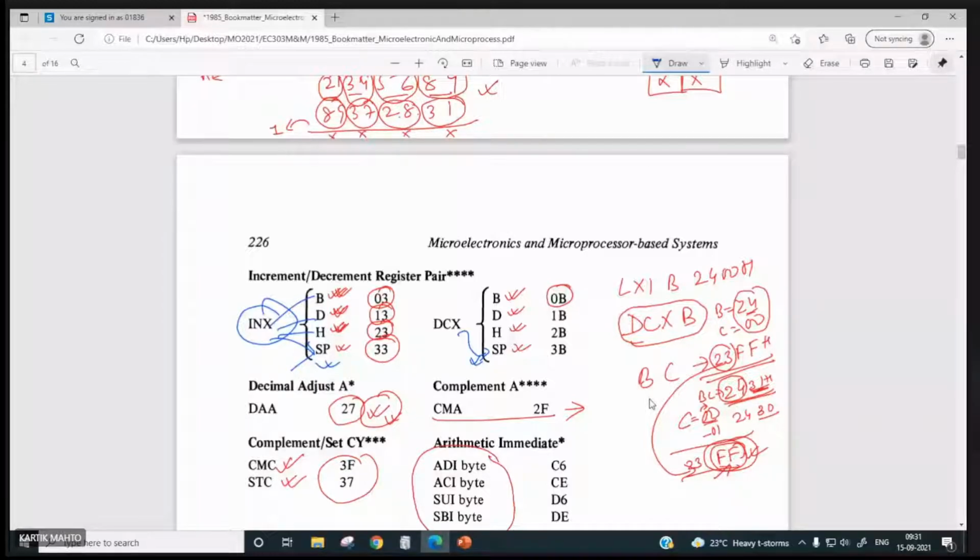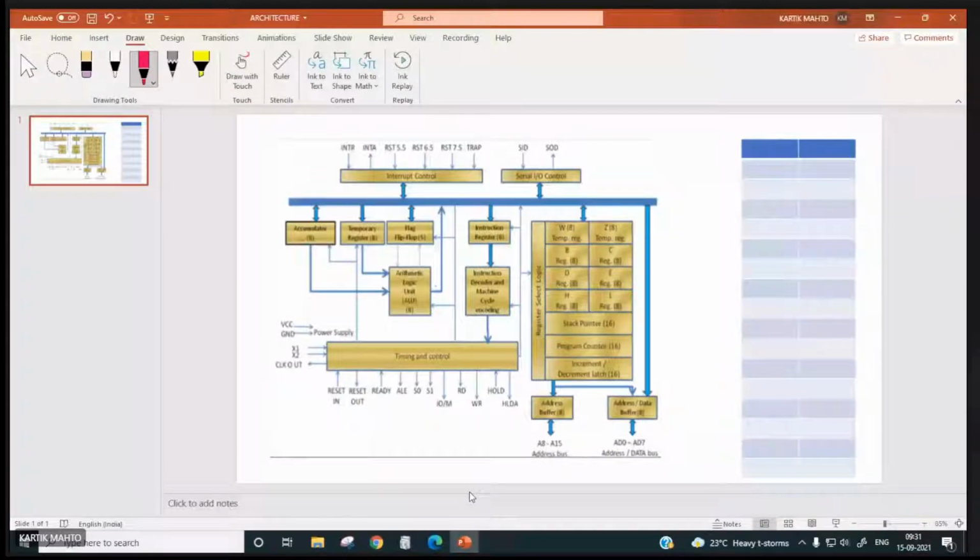Now let us go for these instructions. How will it be done? Suppose INX B is the instruction, and BC is 24FF. So INX B is the opcode. What exactly is the processor going to do? It is going to increment this register pair. How will INX B be performed inside the processor?